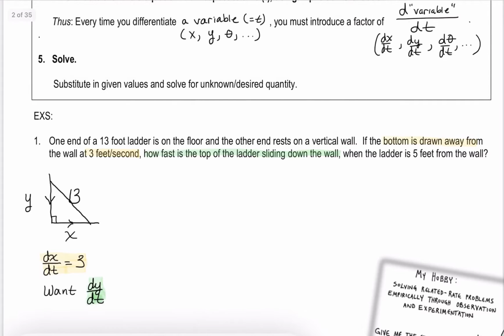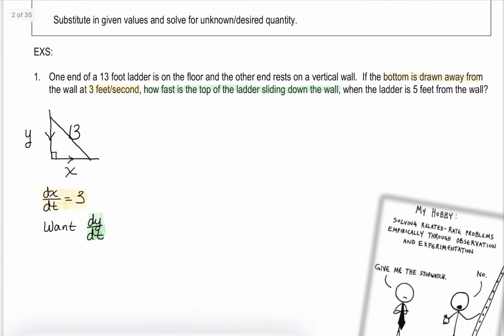And I want to know that at a particular instant, at the instant when the x distance is 5 feet away from the wall. So I need to determine that at the instant when the ladder is 5 feet from the wall.